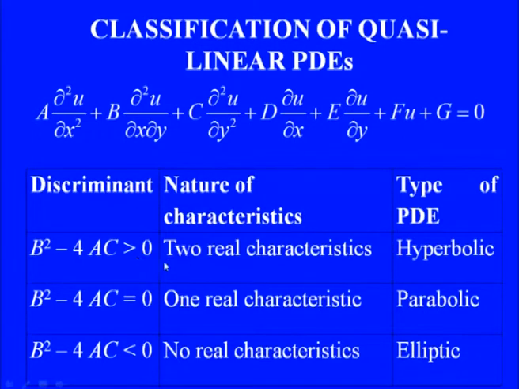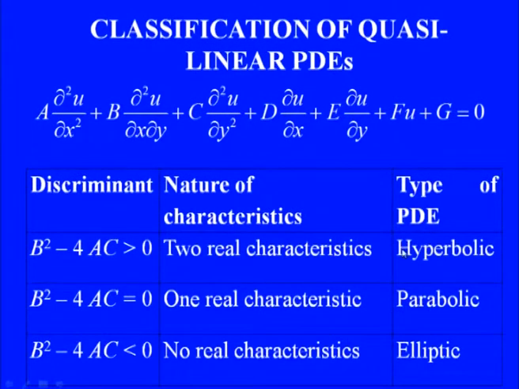So b square minus 4ac being greater than 0 says that we will have two real characteristics, and in this case our PDE would have what we call hyperbolic nature, because in the case of hyperbola we have got two distinct branches. So it is the same analogy which is being used in this classification.